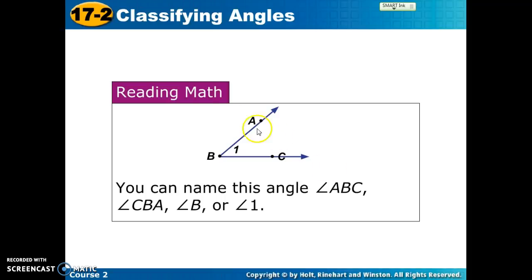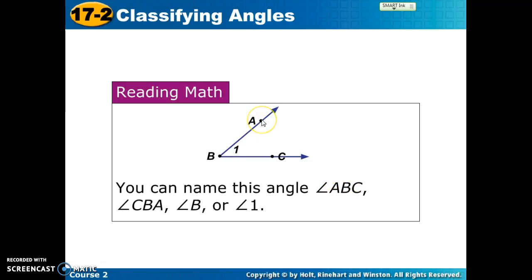Taking a look here, reading angles, you can name this angle ABC, CBA, angle B, or angle 1. So notice that if you name an angle with 3 letters, the vertex has to be the middle letter.